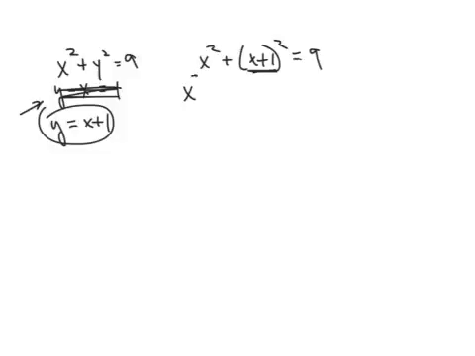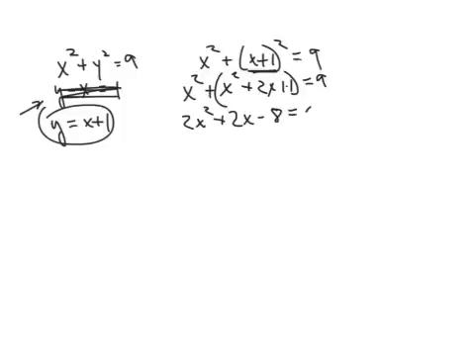And we got x squared plus x, I'll put it in parentheses, okay, simplified it. We had 2x squared plus 2x minus 8 equals 0.